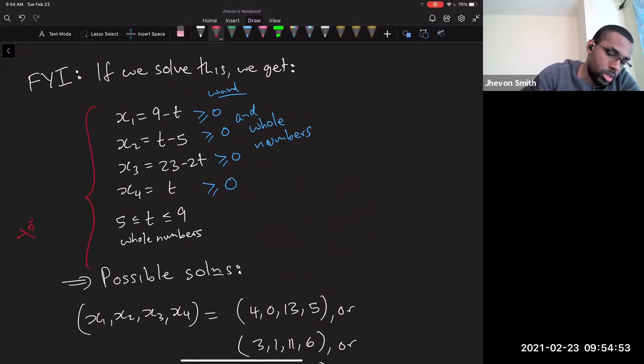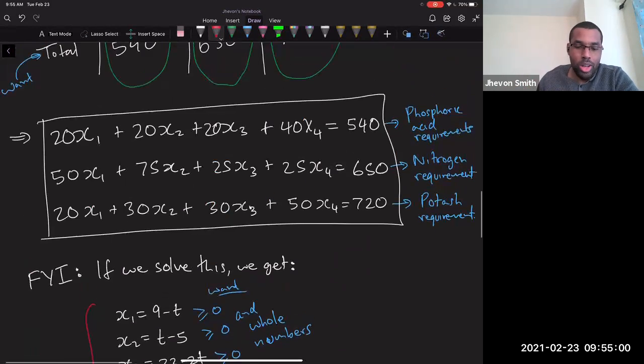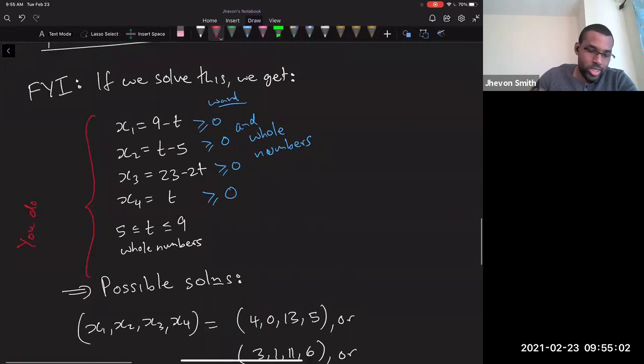You don't need to know how to solve this. You definitely need to know how to solve the 2 by 2 case, but here this is a 3 by 4. I won't expect you to solve that. You don't need to know how to solve this.